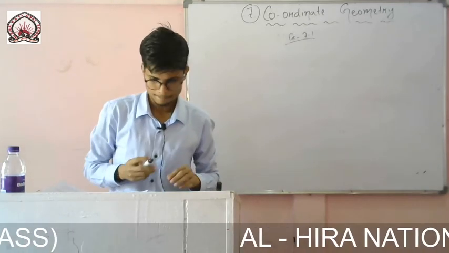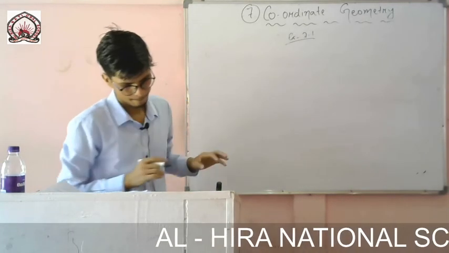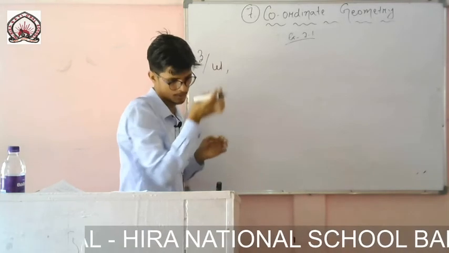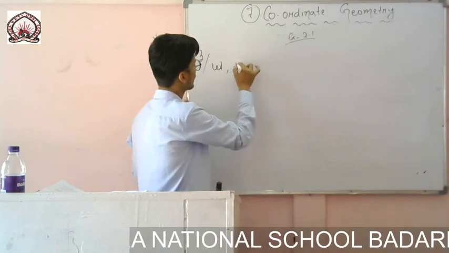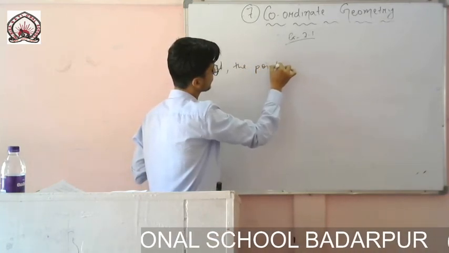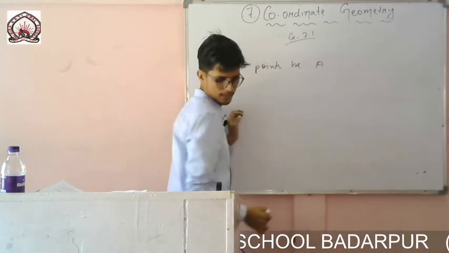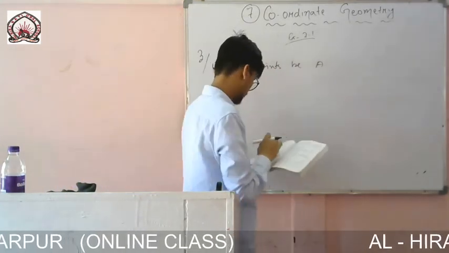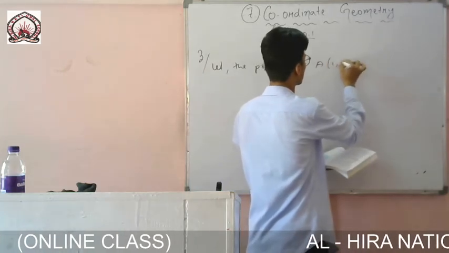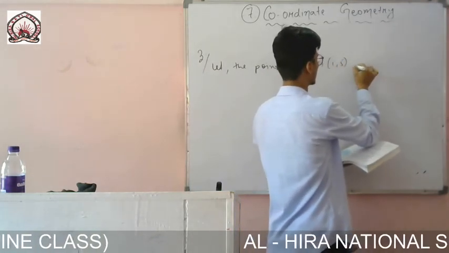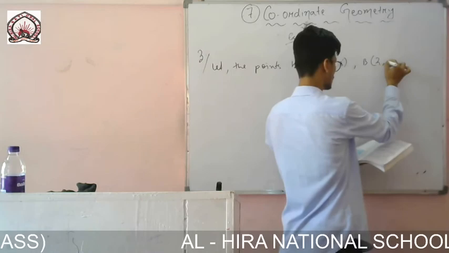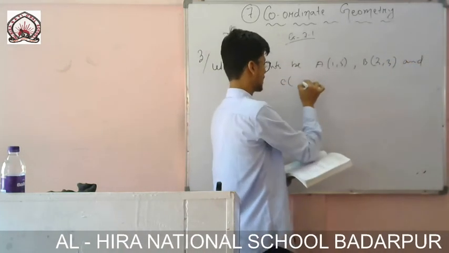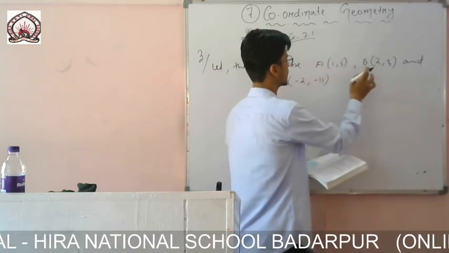So you see here, first of all we will name these points. Question number 3, let us solve this one. Let the points be, first one A, it is (1, 5), then another one B (2, 3) and C (-2, -11).